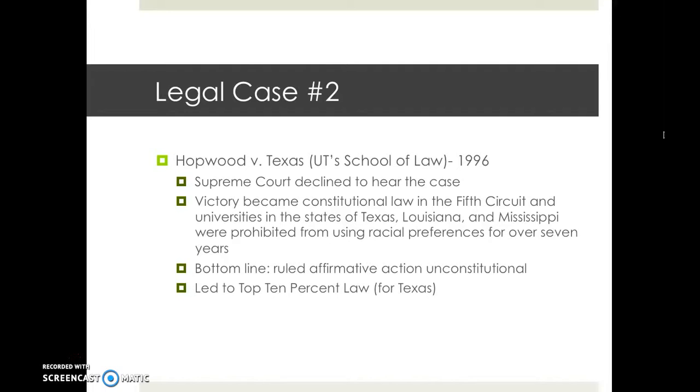The Fifth Circuit ruling barred all use of racial preferences in university admissions in the states under that court's jurisdiction. Since the Supreme Court declined to hear the case, the victory became constitutional law in the Fifth Circuit, and universities in the states of Texas, Louisiana, and Mississippi were prohibited from using racial preferences for over 7 years. So basically, at the end, the ruling made affirmative action unconstitutional, and it also led to the top 10% law, which we'll talk about in the next case.